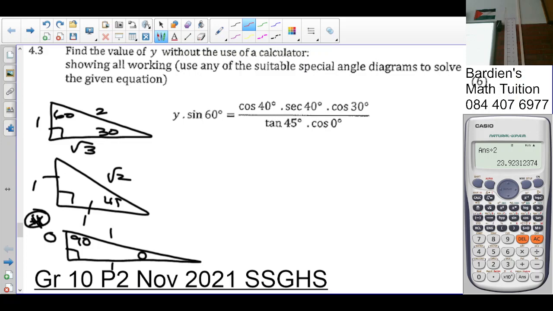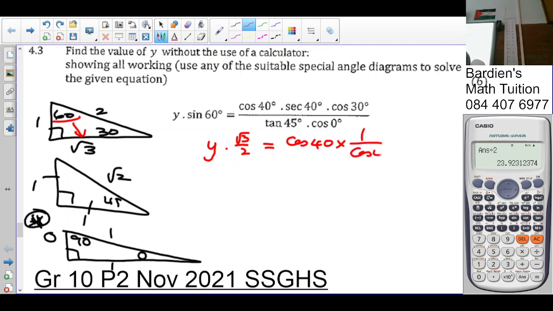Okay. So, sine of 60. Sine is opposite over hypotenuse. So it's going to be y times root 3 over 2 equals cos of 60 and cos of 40. There's no special angle for cos 40, so I leave it as cos of 40. Now cosec is 1 over sin, sorry, sec is 1 over cos.